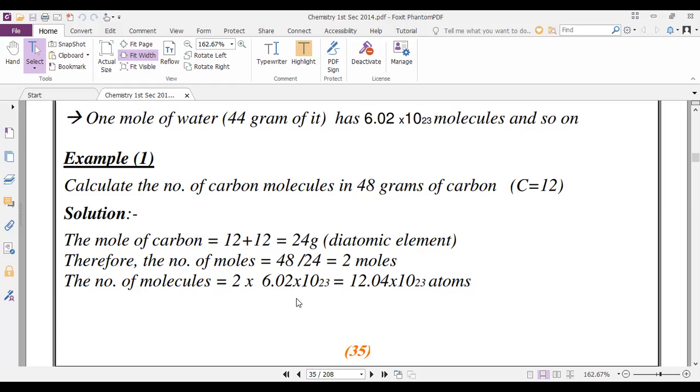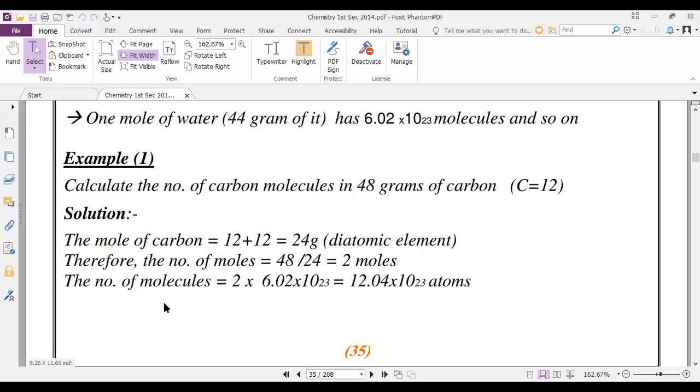So the next step is to calculate the number of moles, and it's a very important rule that we begin any problem with number of moles first. So 48 divided by 24 equals 2 moles.